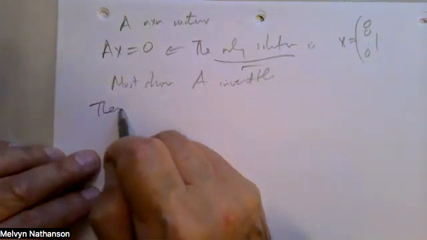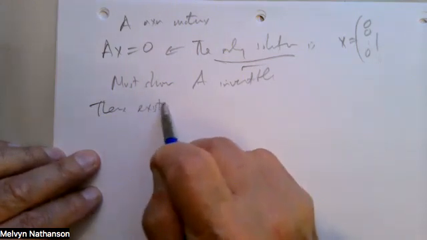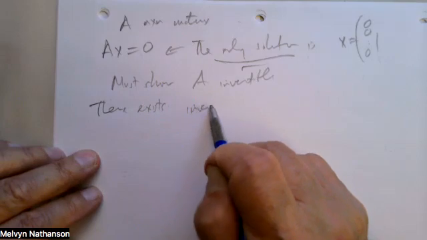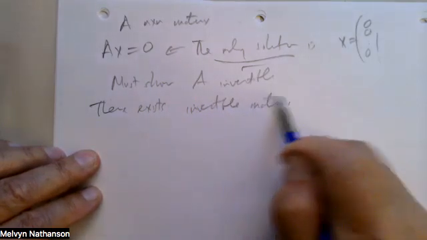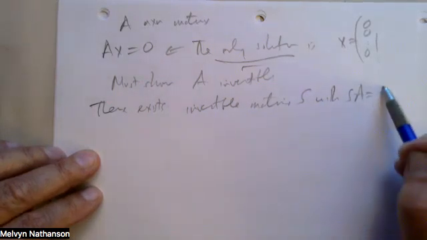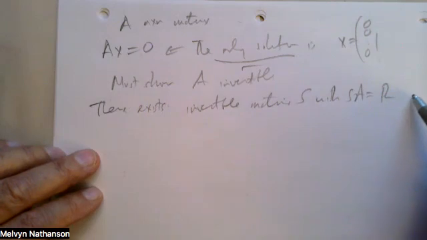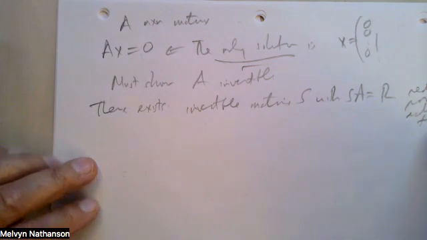So there exists an invertible matrix S with S times A equal to R, which is the reduced row echelon form of A.